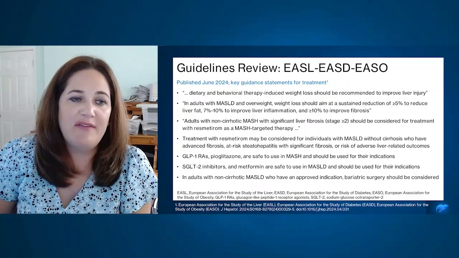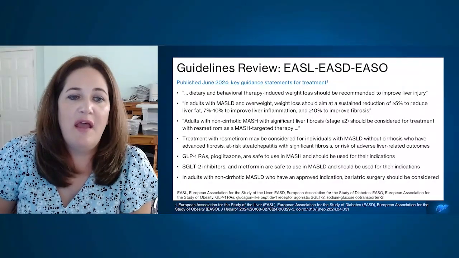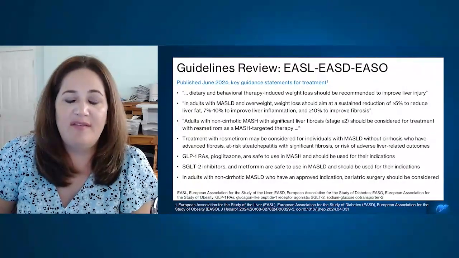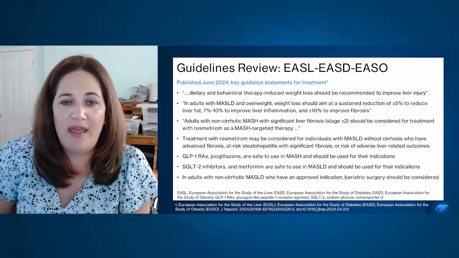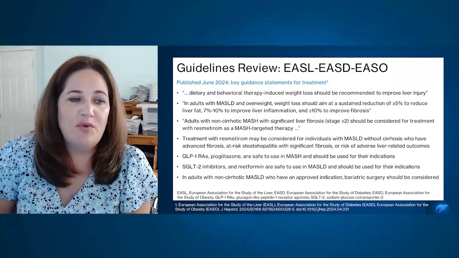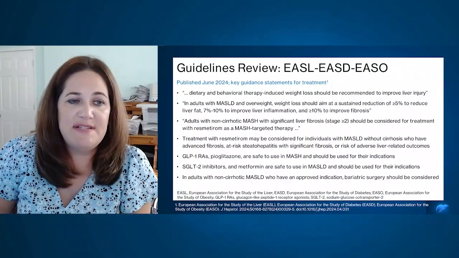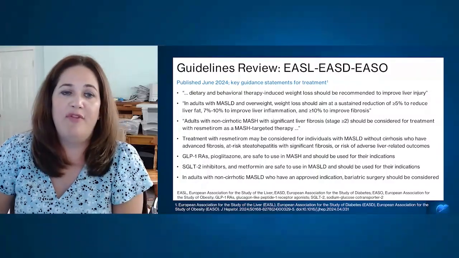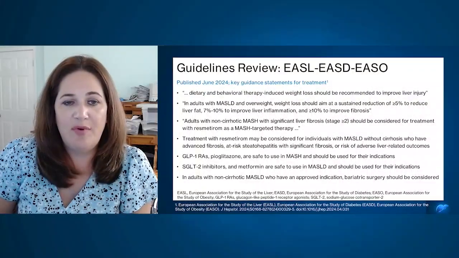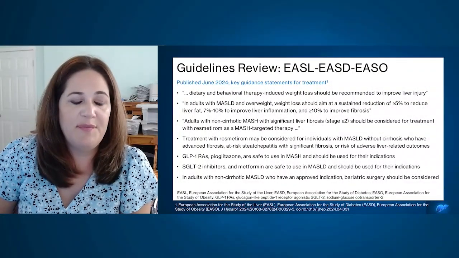In adults with MASLD who are overweight, weight loss should aim at sustained reduction of greater than 5% to reduce liver fat, 7 to 10% to improve liver inflammation, and greater than 10% to improve fibrosis.